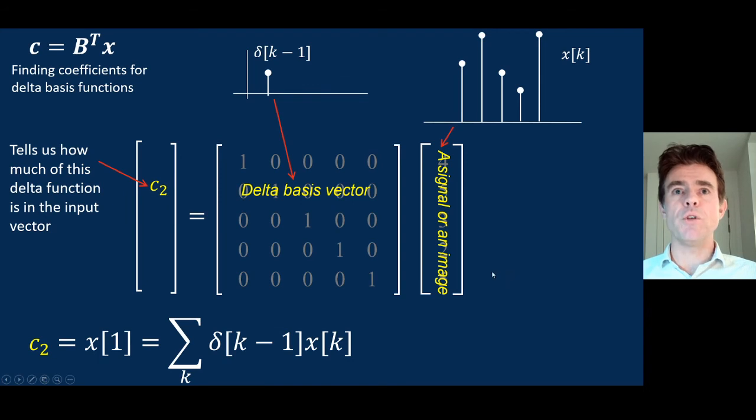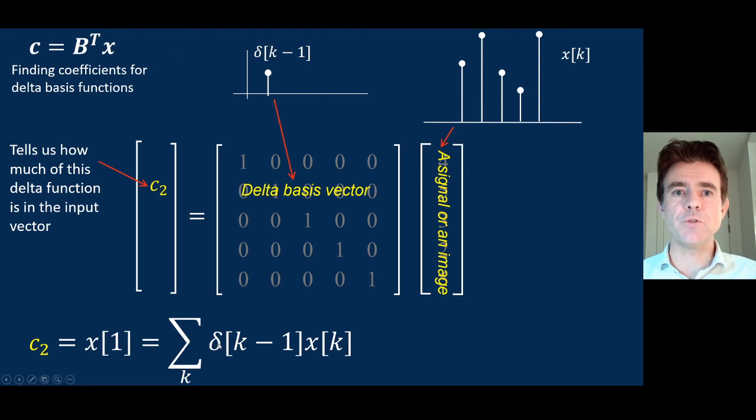And so we would go on. That's how we'd get the second coefficient. We'd now slide that delta function to the next position. So there it is there in that second row. And we'd multiply it point by point by the vector x that we're wishing to find the coefficient for, for that particular basis vector. So here that's exactly this expression here.